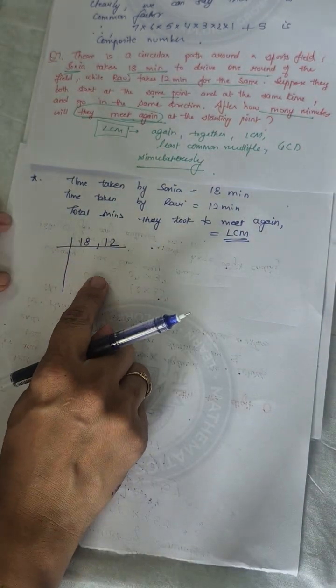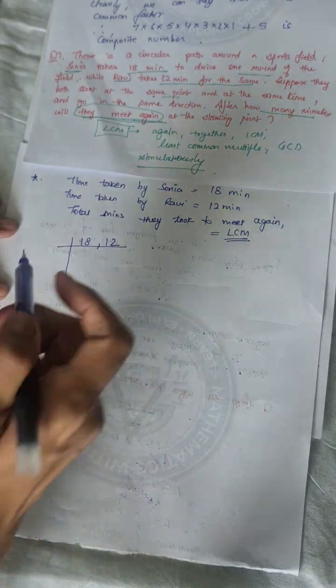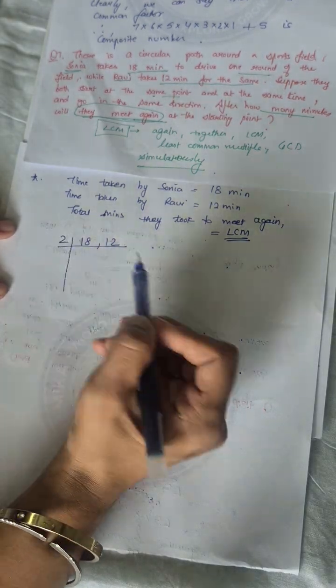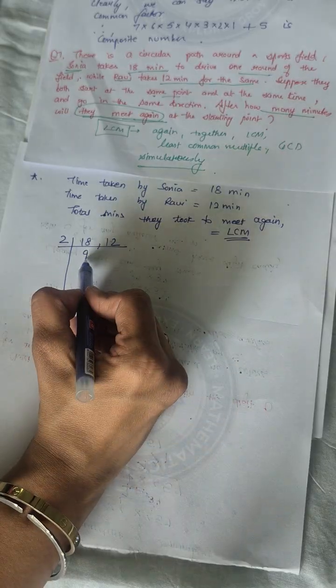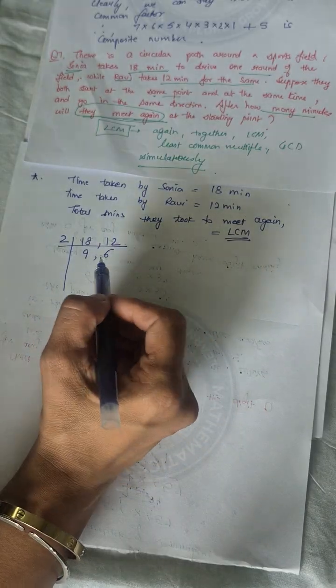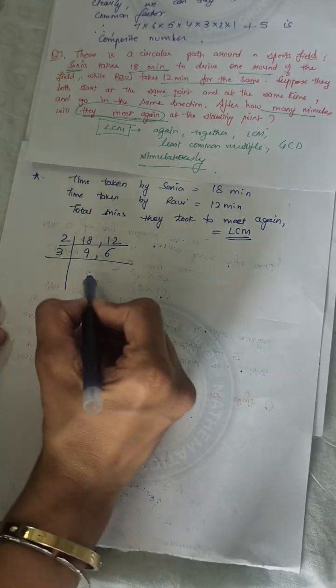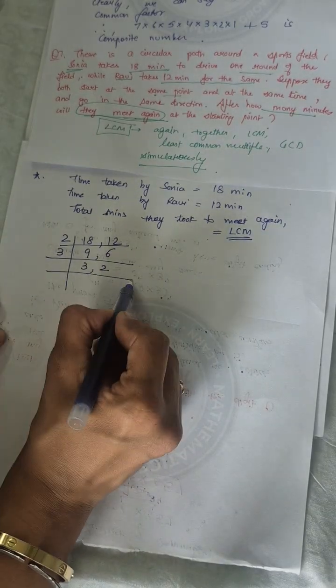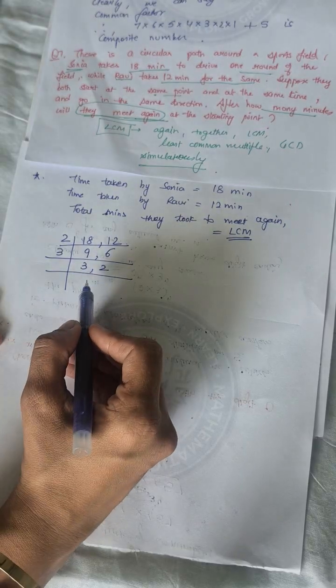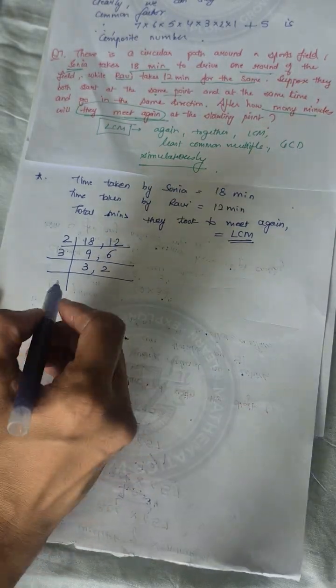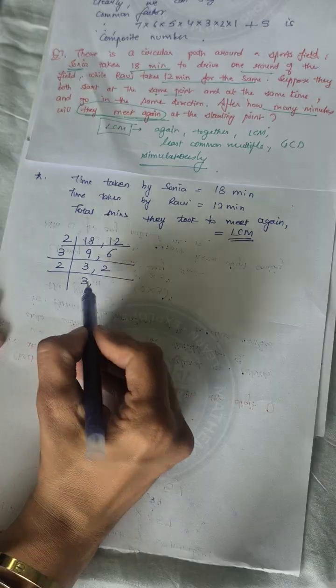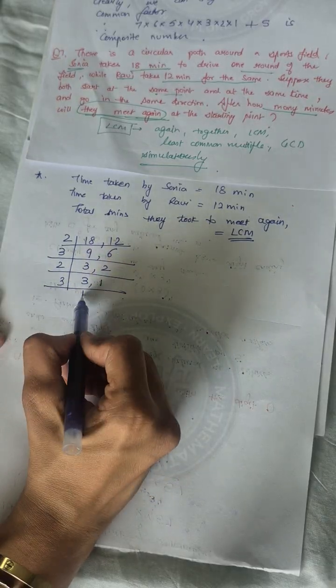We have to check by which number they both are divisible. Clearly both are even numbers, that is they are divisible by 2. That gives you 9. 2 times 6 gives you 12. Now 9 and 6 both come in the table of 3. That is 3 times 3 is 9, 3 times 2 is 6. Now 3 and 2 are both prime numbers, that is they are not divisible further. So first I'll take 2, then 3, then 3, then 2.